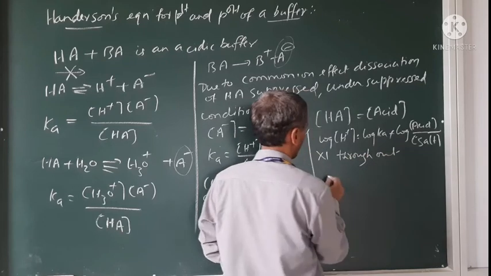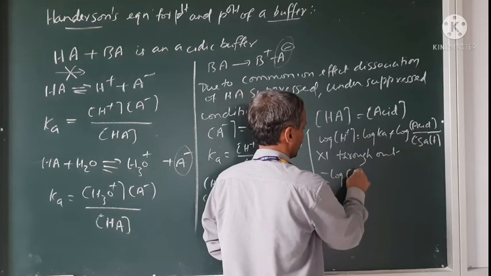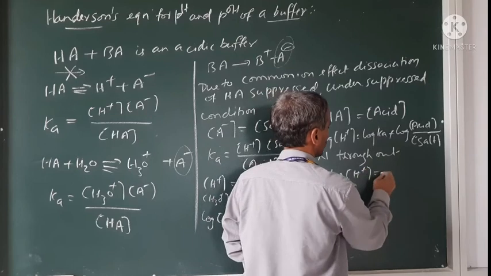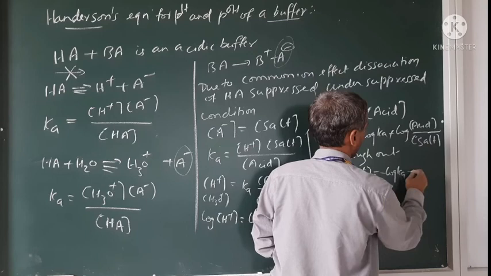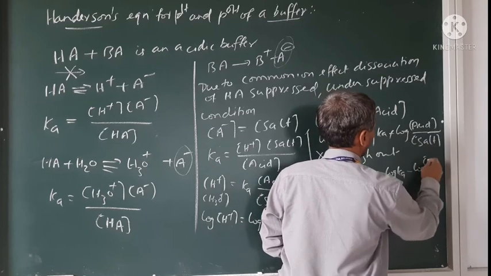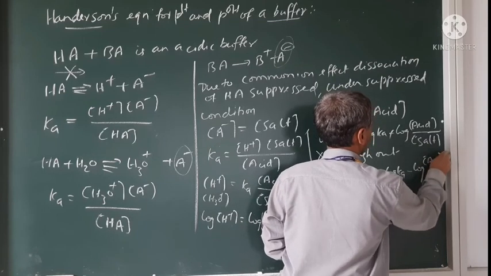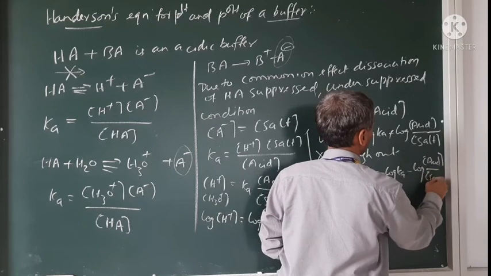What happened then? Minus log H plus is equal to minus log Ka minus log of acid by salt concentration.